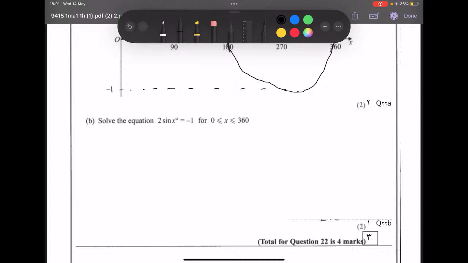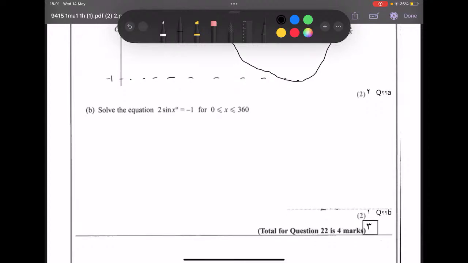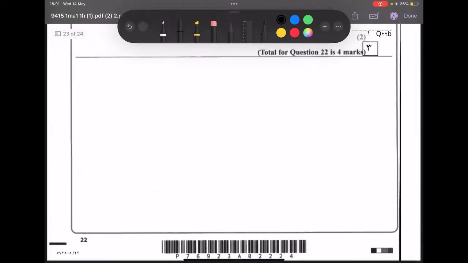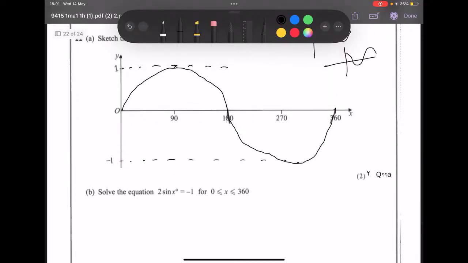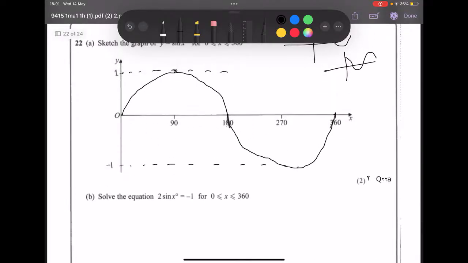Now for this question, we have an equation 2 sine x equals minus 1. Now what we get is 210 and 330.